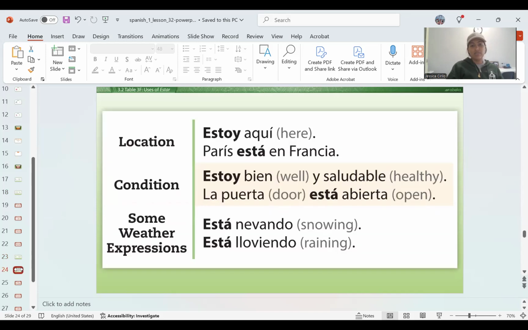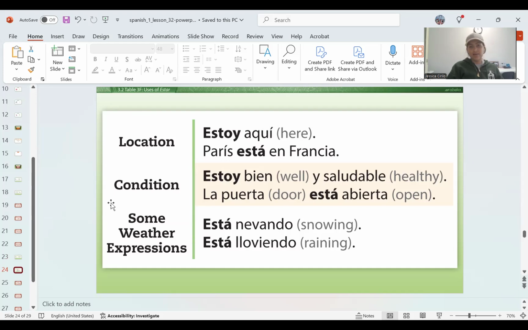And the uses for estar are these ones here. When you talk about location, you don't say es, you say estoy aquí, okay? Estoy aquí, I'm here. And notice that estoy goes with I, correct? That's from your table there with yo estoy aquí.